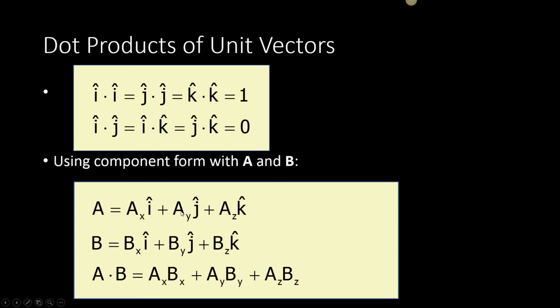But 6 of those components go to 0 by the argument above, and the other 3 go to 1. So we're left with this simple equation here, and that helps us when we need to find an angle.